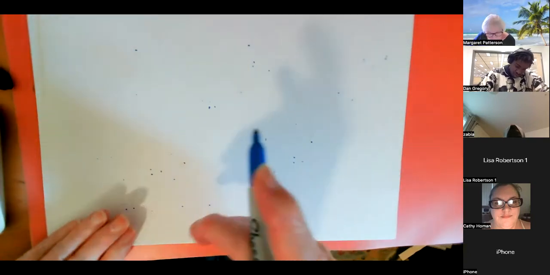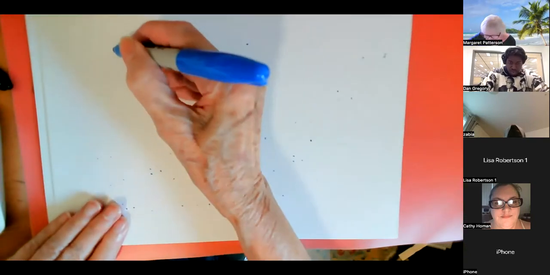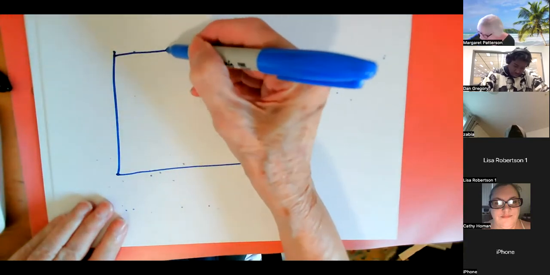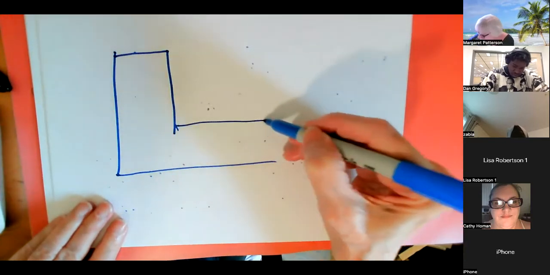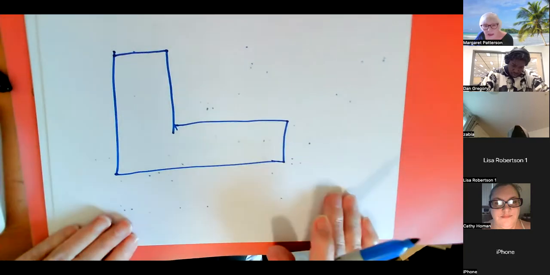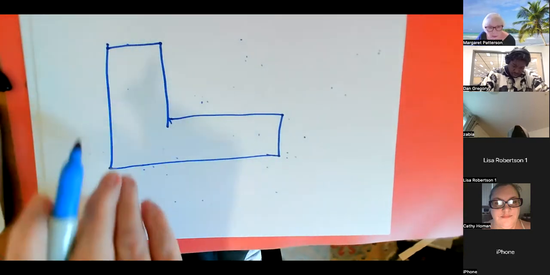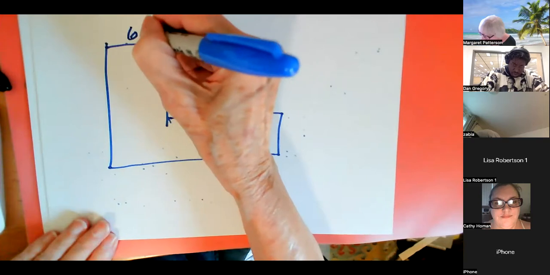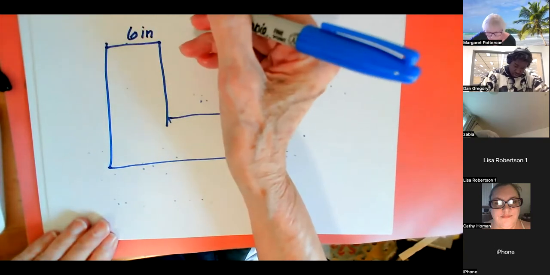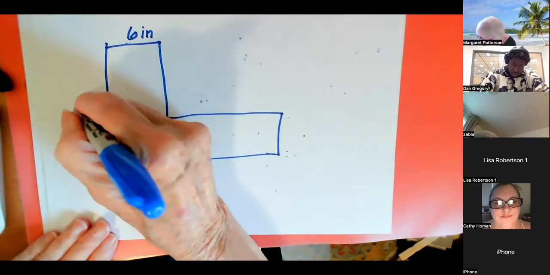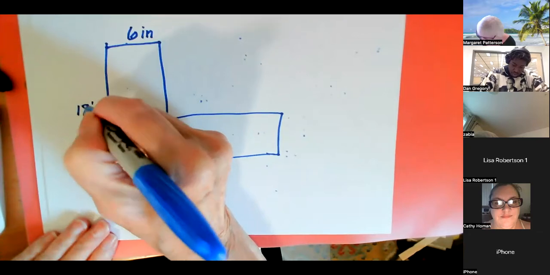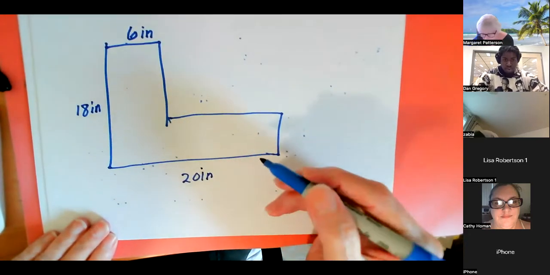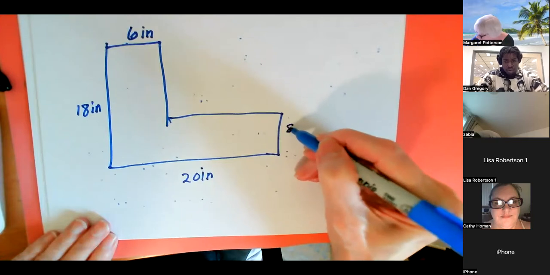And so I'm going to see if I'm pulling a problem from somewhere else. Let's say you had to paint this area, this place here. This is 6 inches. This one was 18 inches. This was 20 inches. And this was 8.